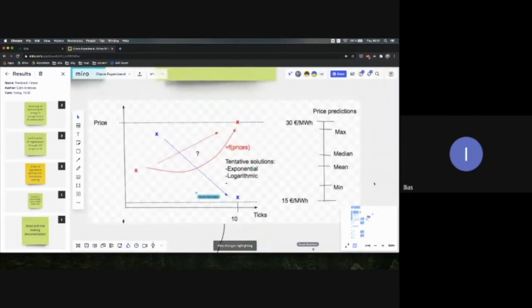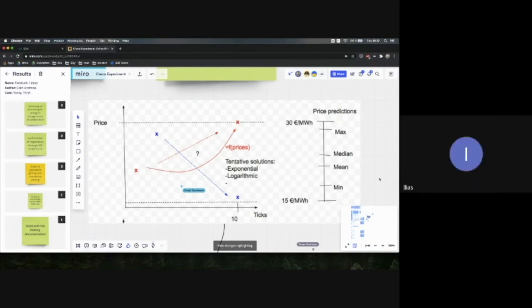So we were wondering, if we change this linear increase or decrease, what would be the best function to do this move from the first to the last tick.